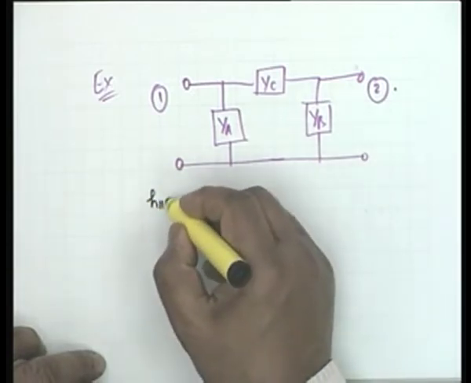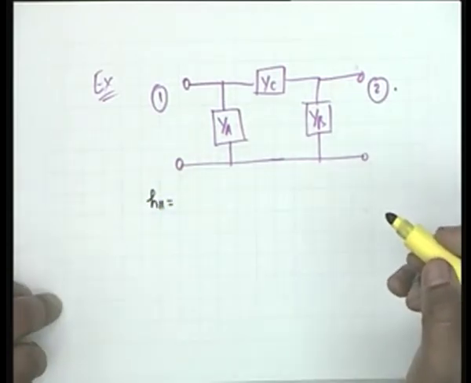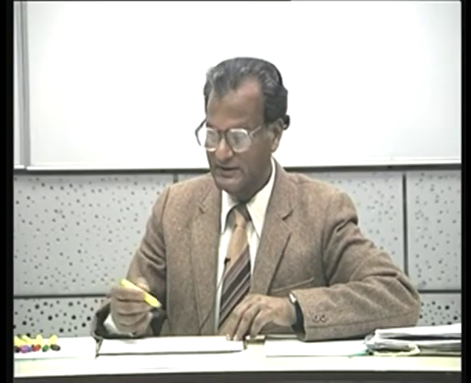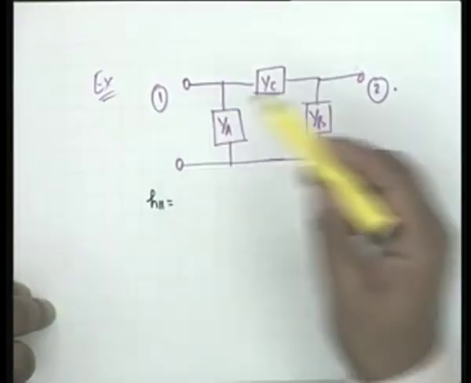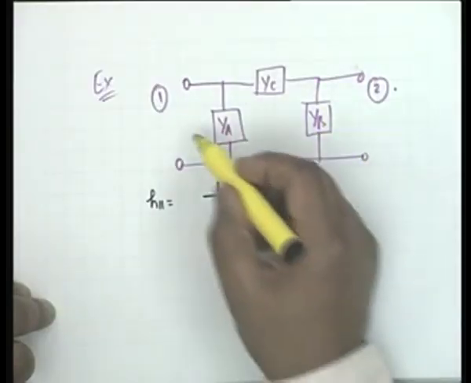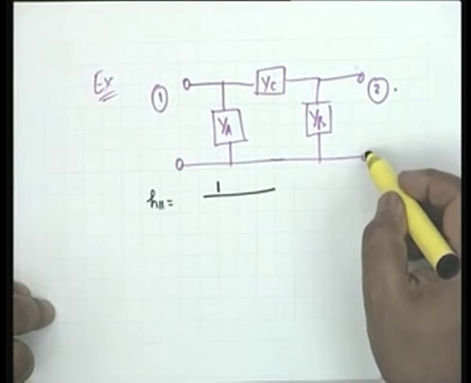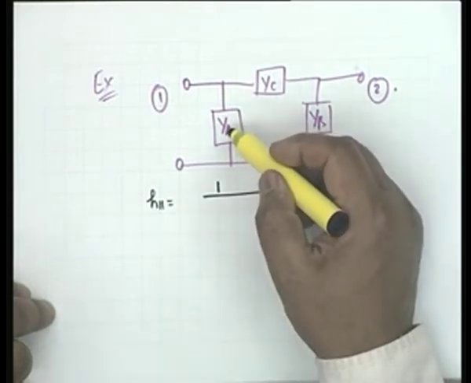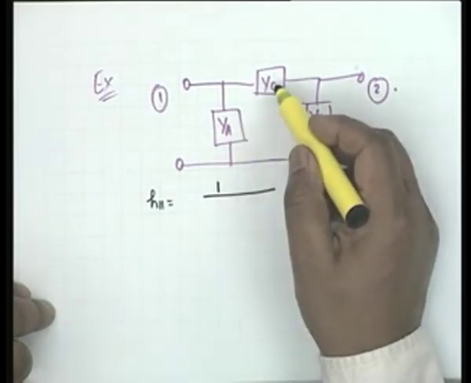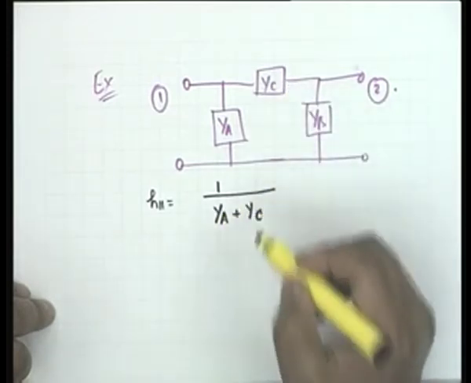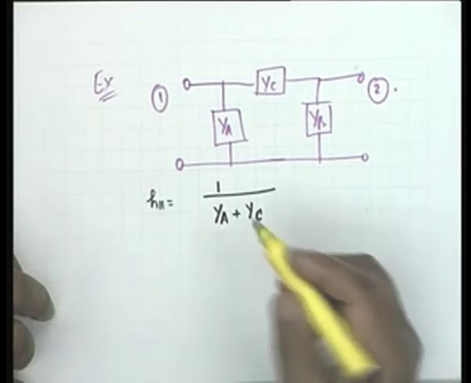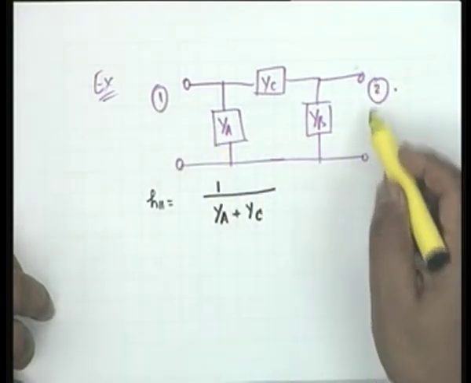As you know, H11 is 1 by Y11. H11 is the impedance looking here with this short circuited. So, it is simply the parallel combination of YA and YC. So, 1 over YA plus YC. It is an impedance. It is the input impedance with the output short circuited.